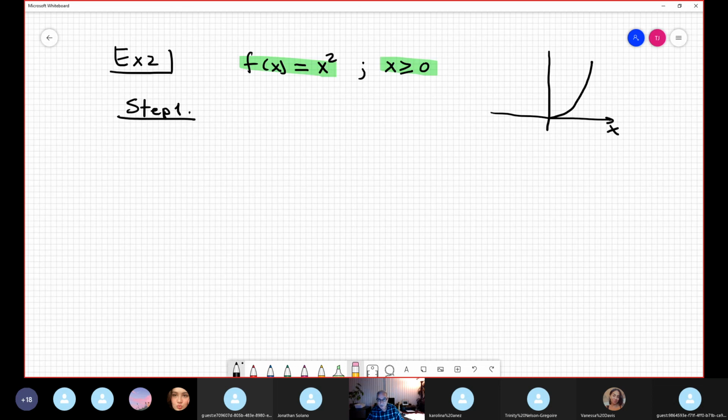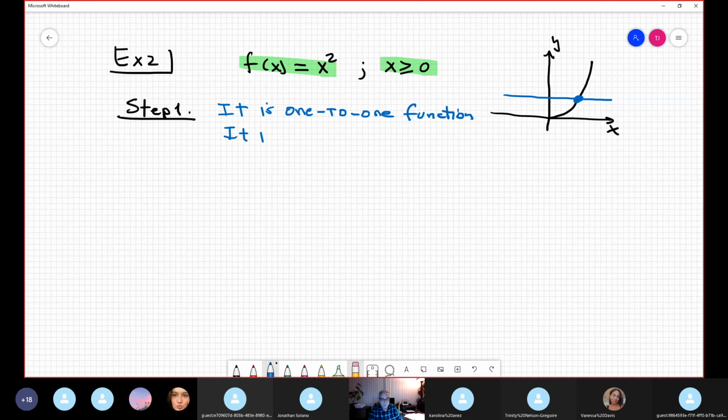This is x, this is y, and when you apply the famous horizontal line test, touching only one point, therefore yes, this is a 1 to 1 function, therefore it is invertible. Or in other words, the inverse function exists.